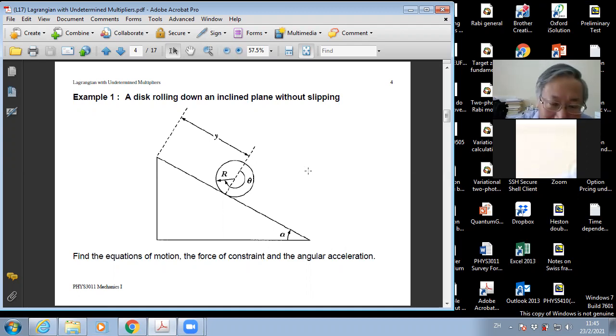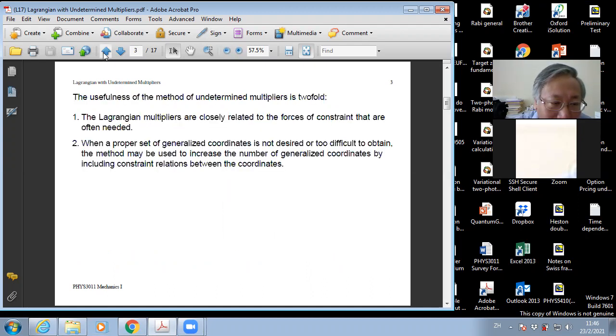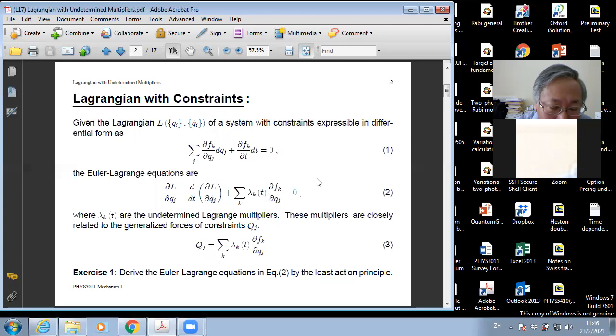However, in other cases, the constraints may not be incorporated into the Lagrangian so easily. So we need some other alternatives to incorporate the constraints.